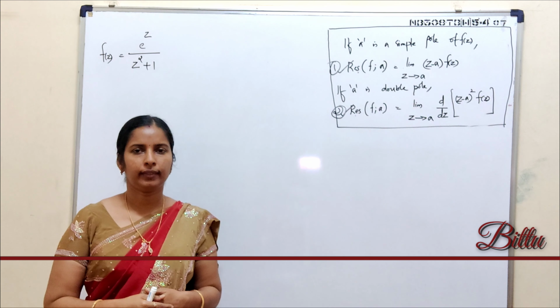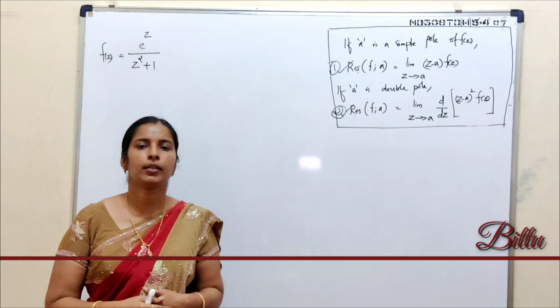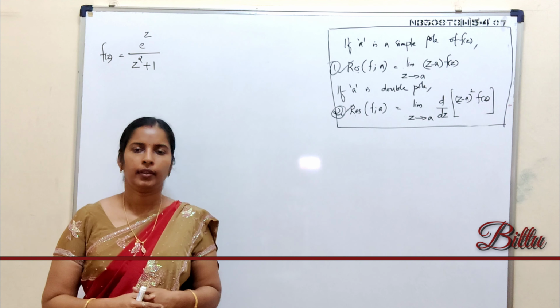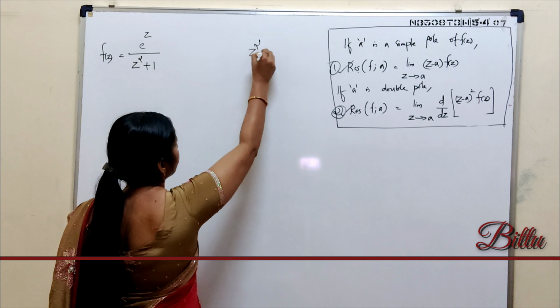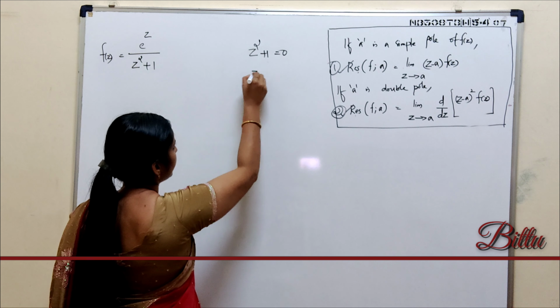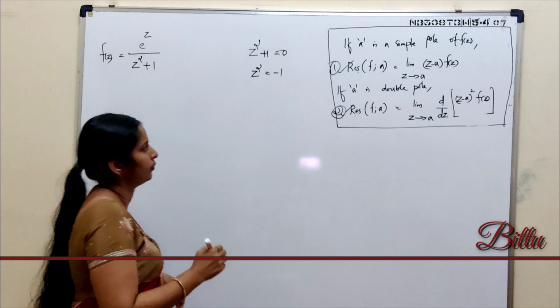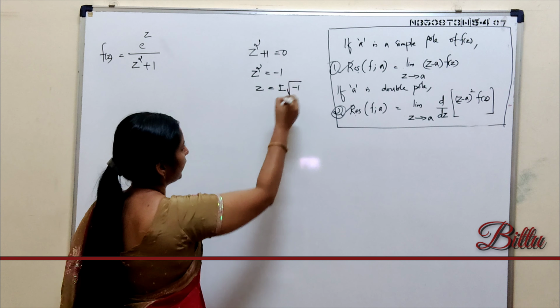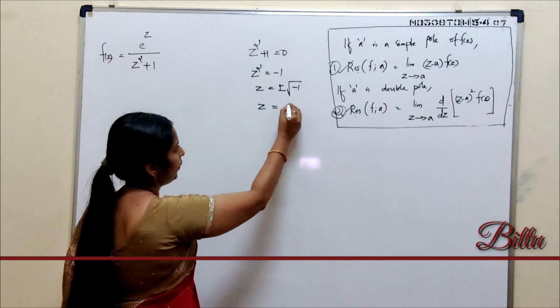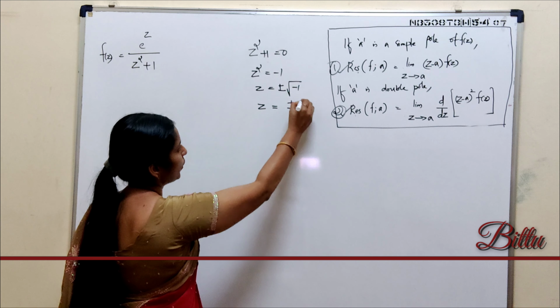Next, consider the function e raised to z by z square plus 1. You can find its poles by solving z square plus 1 equal to 0. That is z square equal to minus 1. So z equal to plus or minus root of minus 1. That is z equal to plus or minus i.